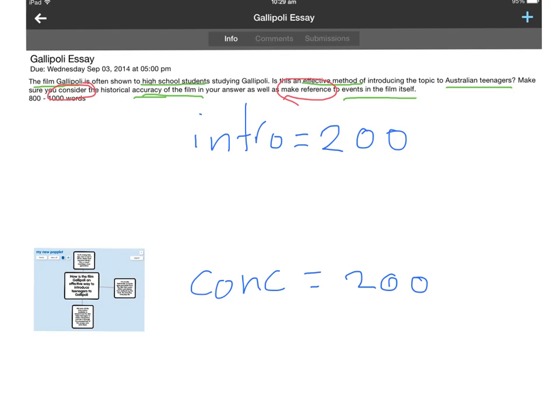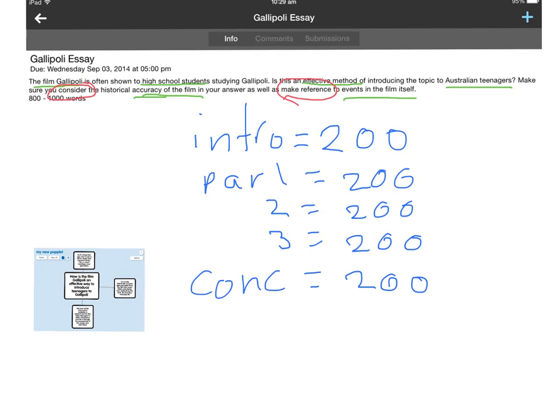And if I make 3 paragraphs of 200 words each, I've got my 1,000 words. So now I have that plan. I now know that when I do my essay plan, I'm going to plan for 3 distinct paragraphs with something that I need to say to answer this question. So that's the next thing we're going to do.